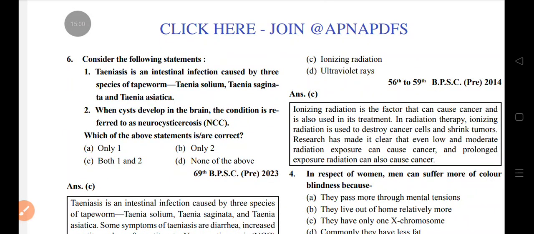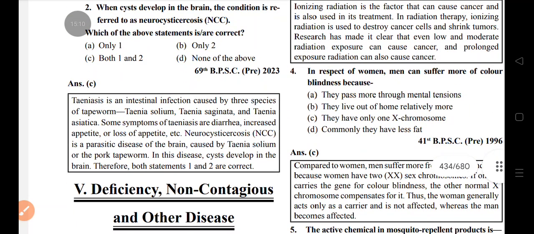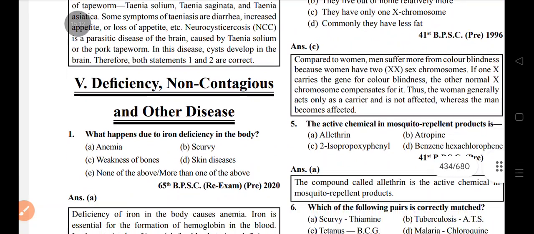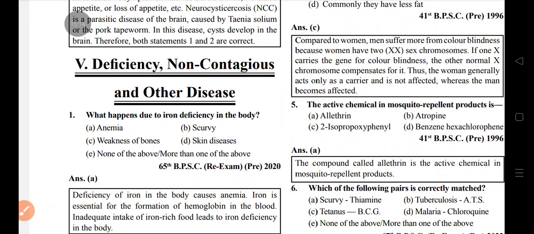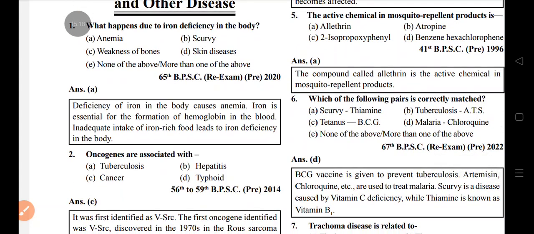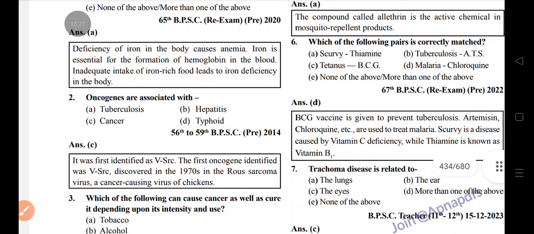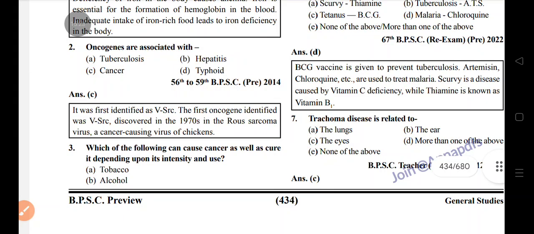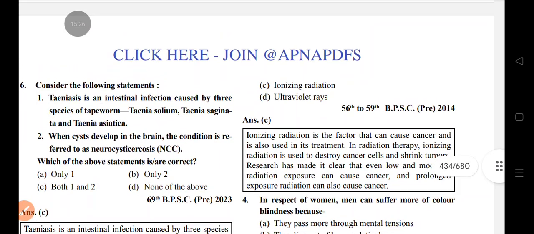Taeniasis is an intestinal infection caused by three species of tapeworm. When cysts develop in the brain, the condition is referred to as neurocysticercosis. Deficiency or non-contagious diseases: iron deficiency in the body causes anemia. Oncogenes are associated with cancer; they can cause cancer as well as cure it depending upon intensity and use.